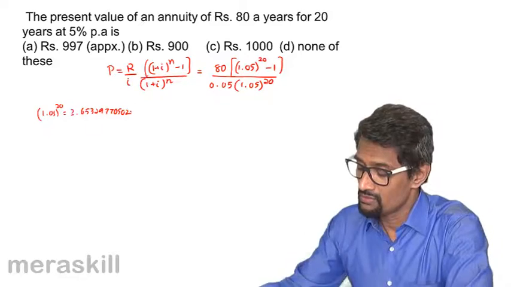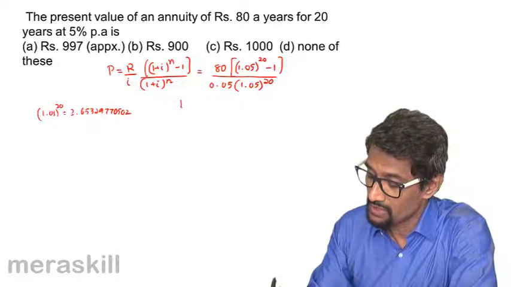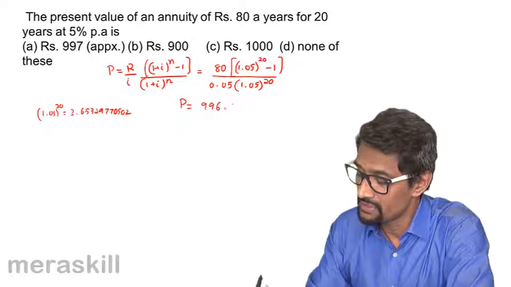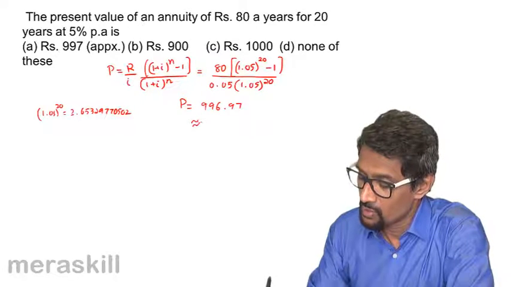P turns out to be approximately 996 rupees 97 paise.